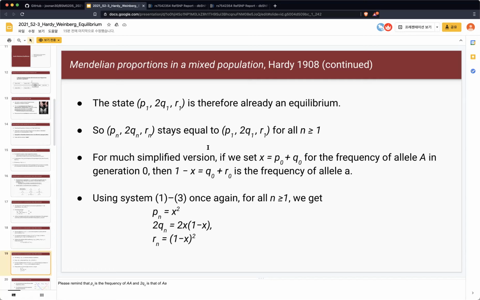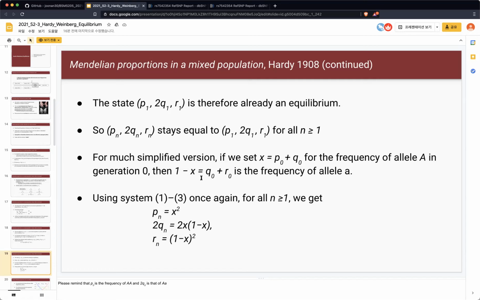Okay. And then we can put this equation in a more simplistic version, where x equals P0 plus Q0, which is the frequency of allele large A in generation 0. Then 1 minus x equals Q0 plus R0, right?